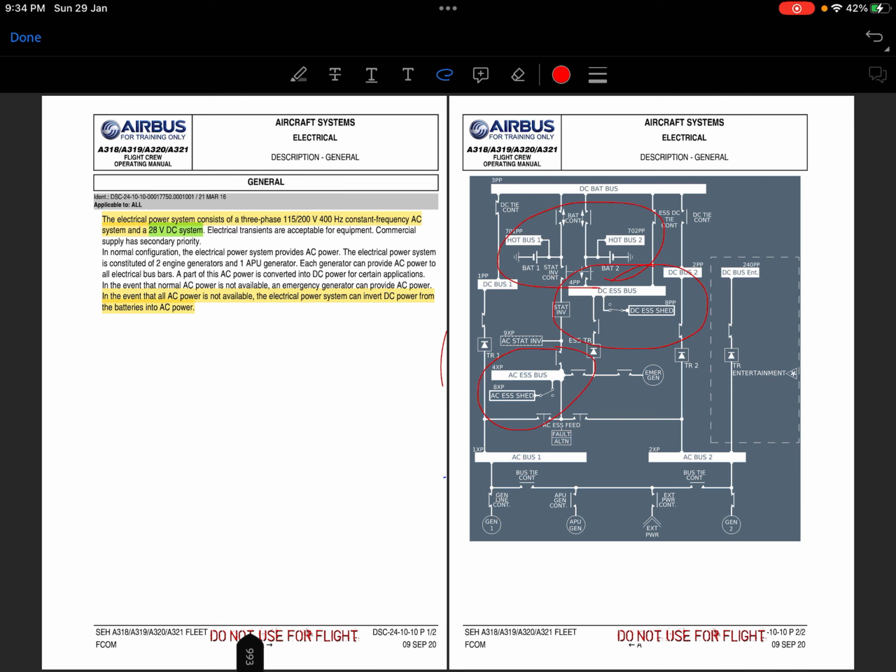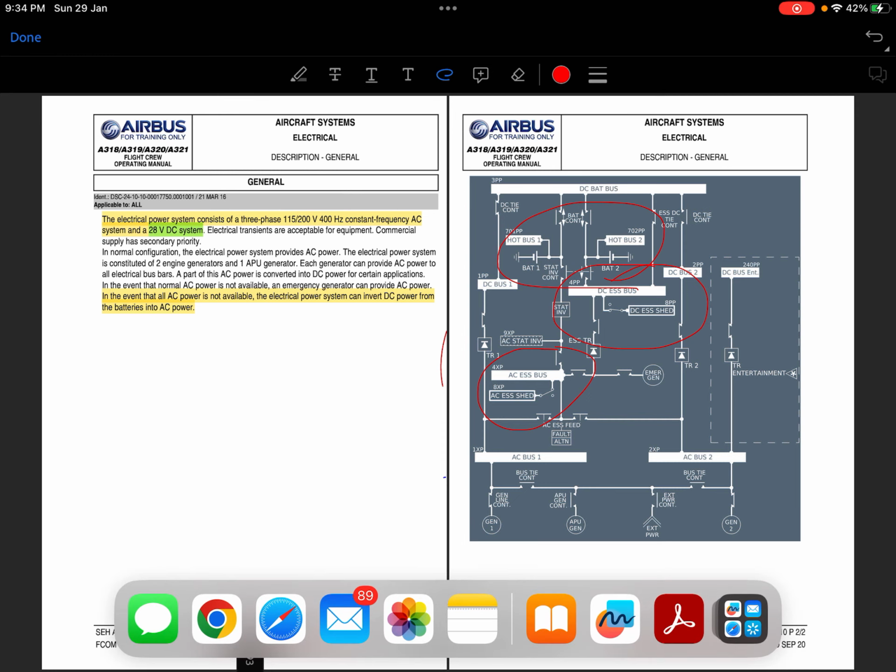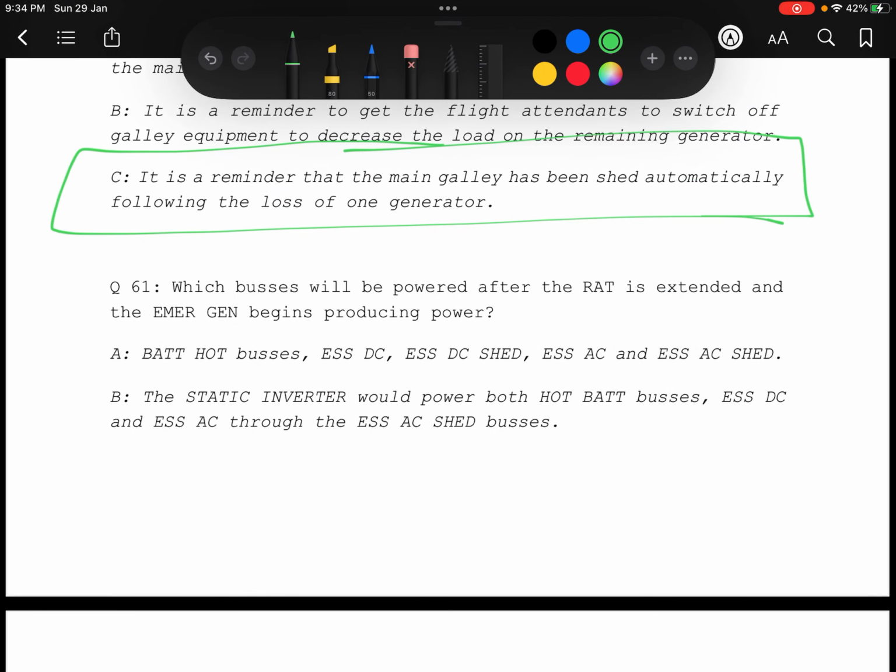And the batteries' hot buses definitely. So we'll check the answer here. Hot buses definitely, essential DC, essential AC, essential DC shed, and essential AC shed.